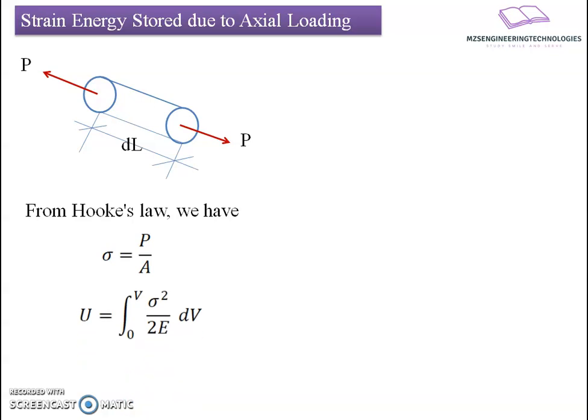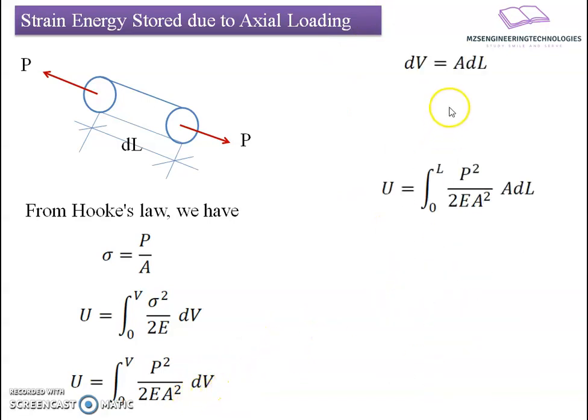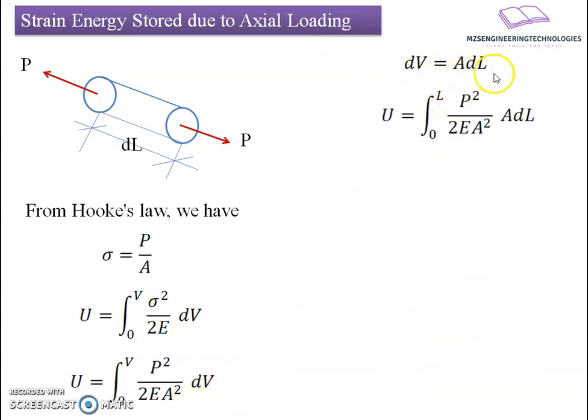Then after substituting this value in the strain energy relationship, we get U equals integral 0 to V of P square divided by 2E A square into dV. Now I will replace this volume with reference to the relation dV equals A dl, cross-sectional area of the member multiplied by the elemental length.